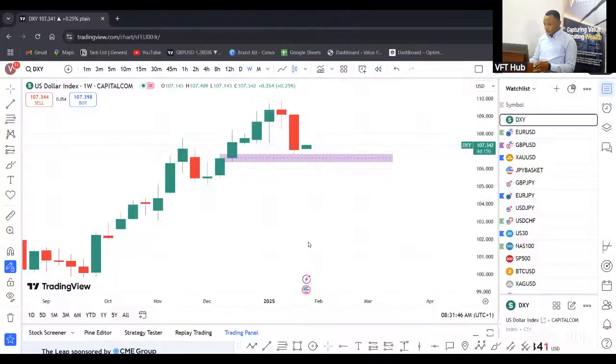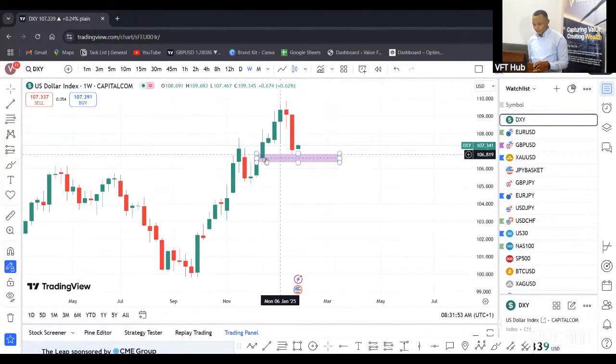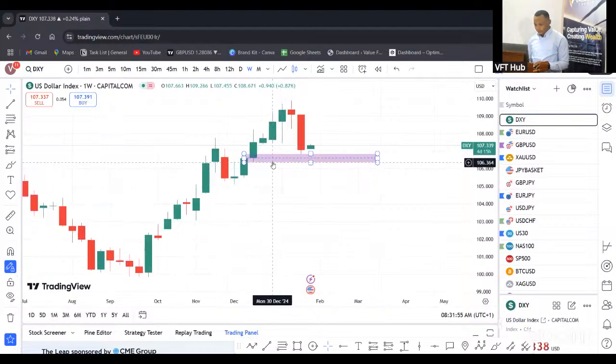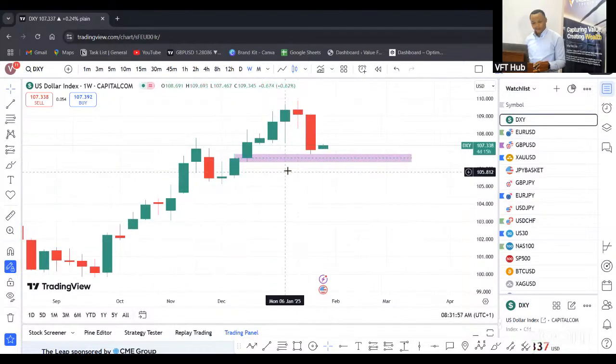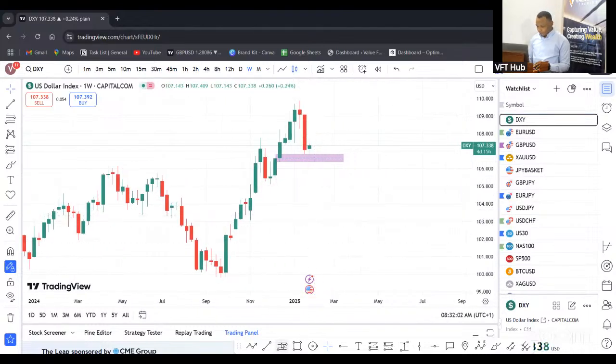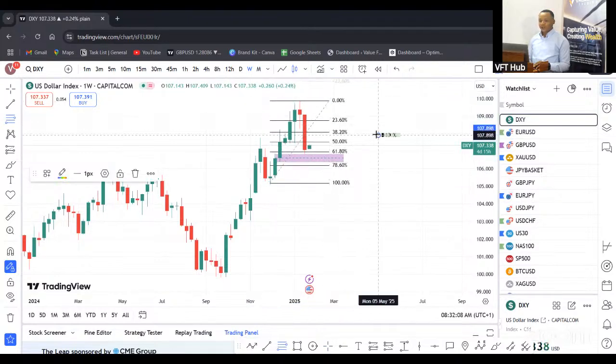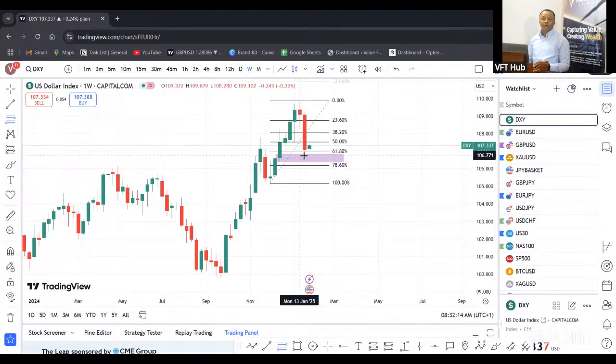Looking at the dollar index from the weekly time frame, like I said earlier, price has traded into a point of interest, and we're expecting our retracements to start from there. One of the reasons we had that point of interest was the last swing, from swing high to swing low. That point of interest lies right at our discount level, because we want to buy from discount.